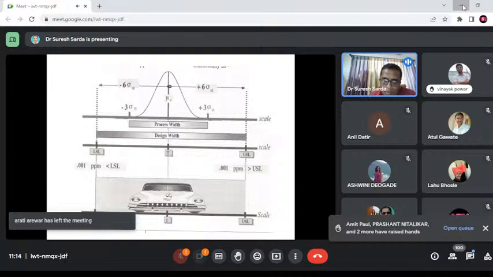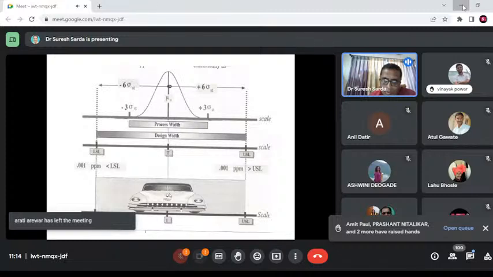For how long will you be able to drive the car through the center? 10 kilometers, 20 kilometers, etc. After that, you will get fed up, you will have some exertion, and then you will turn either to the left or right. You can't drive the vehicle throughout your journey exactly from the center line. So some variation is likely to be there. How much variation is permitted? See, this much variation is permitted.